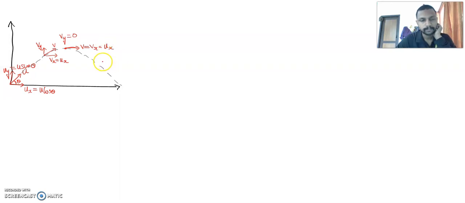Then if we are referring to a point in the descent of the projectile, during the downward journey of the projectile, we could consider a point over here, and the instantaneous velocity will be in this fashion. This is the direction of instantaneous velocity. We could resolve this instantaneous velocity into its corresponding horizontal and vertical components.